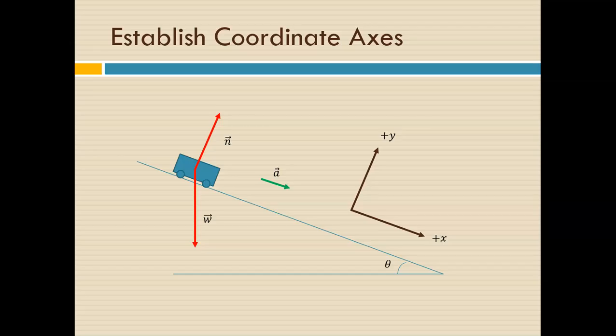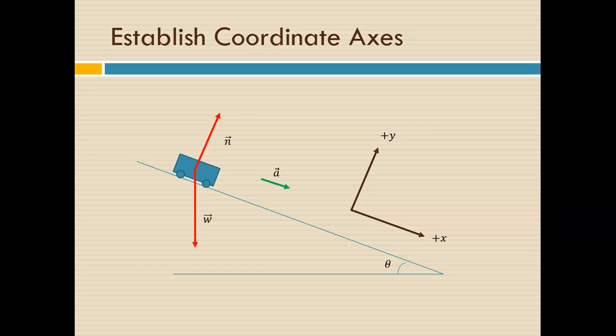The only thing I have to do then is have my y-axis perpendicular to my x-axis. In this case, the y-axis ends up being perpendicular to the slope. You following along with me, guys? This is a little math trick when we're dealing with slopes. Whenever I know which way the acceleration is going, I choose that direction to be my x-axis.